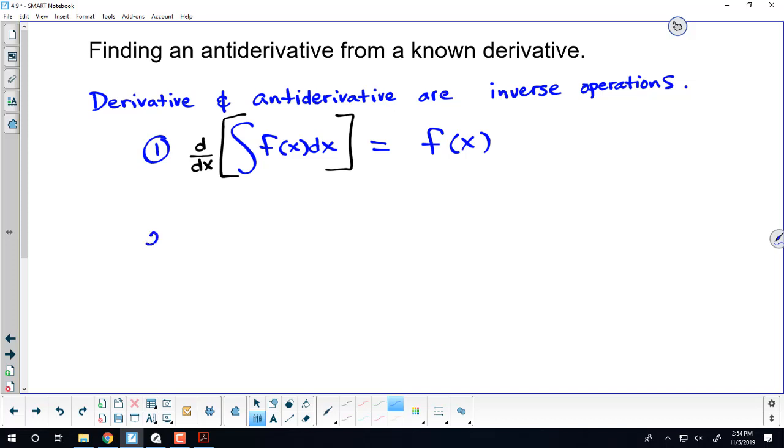Also, we looked at that in the reverse order. If I take the derivative of f of x with respect to x, and then take the antiderivative of all of that, what do you think that's going to give us? f of x. f of x, yeah. The antiderivative of the derivative, they're inverses of each other.